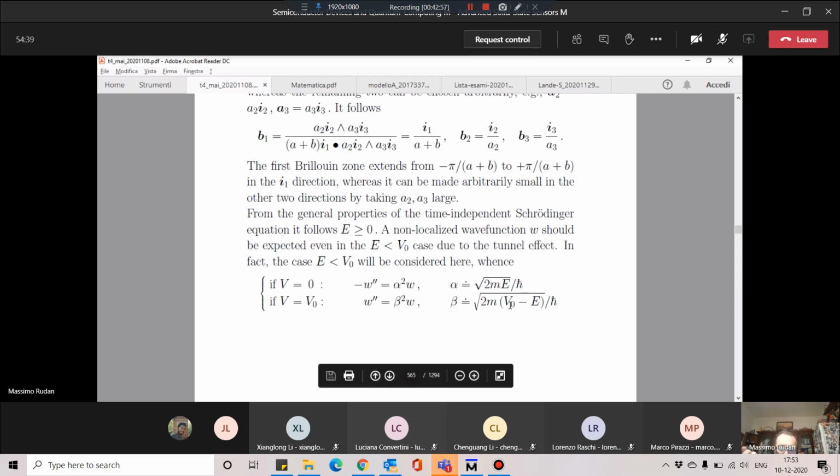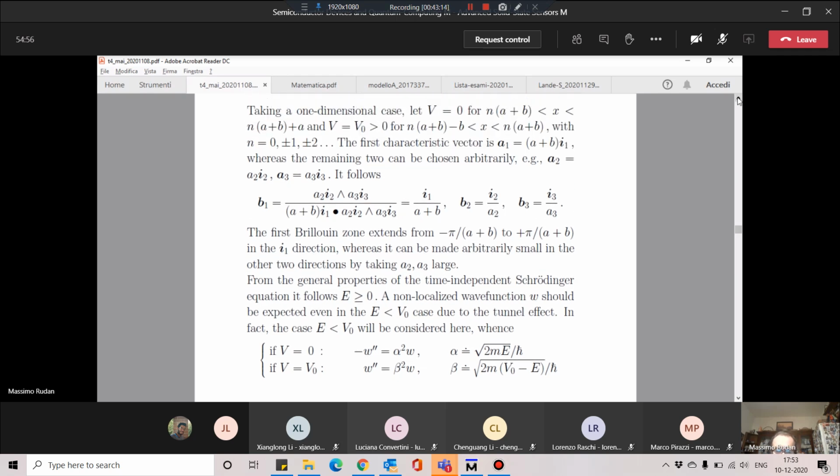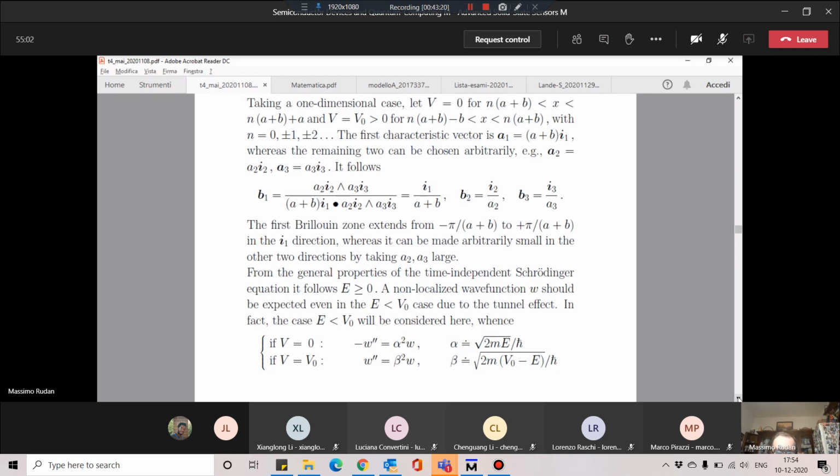V0 also is given because it is the value of the potential energy when it is high, okay? So there are still 2 parameters in the equations that are the total energy of the electron and the value of parameter K.